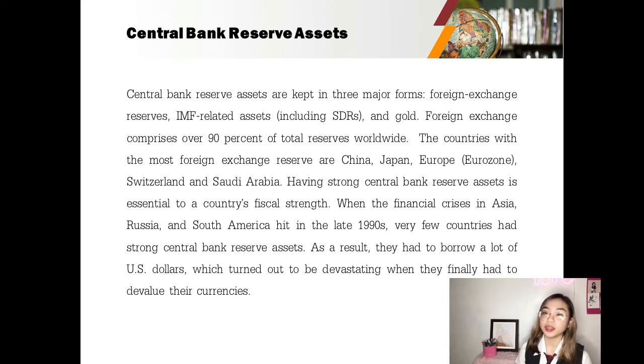So that is why it is very important to have a strong foundation that we can adapt to in exchange market rates.